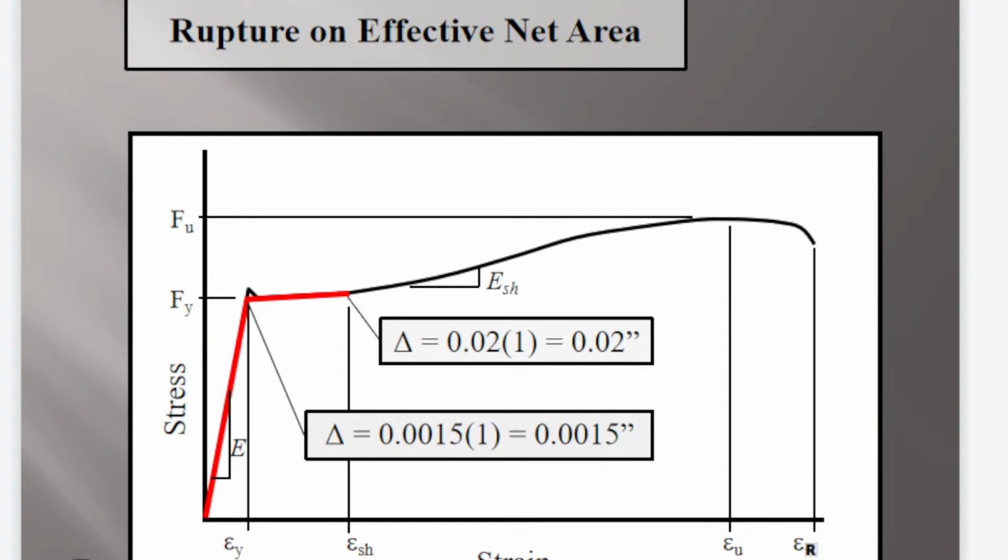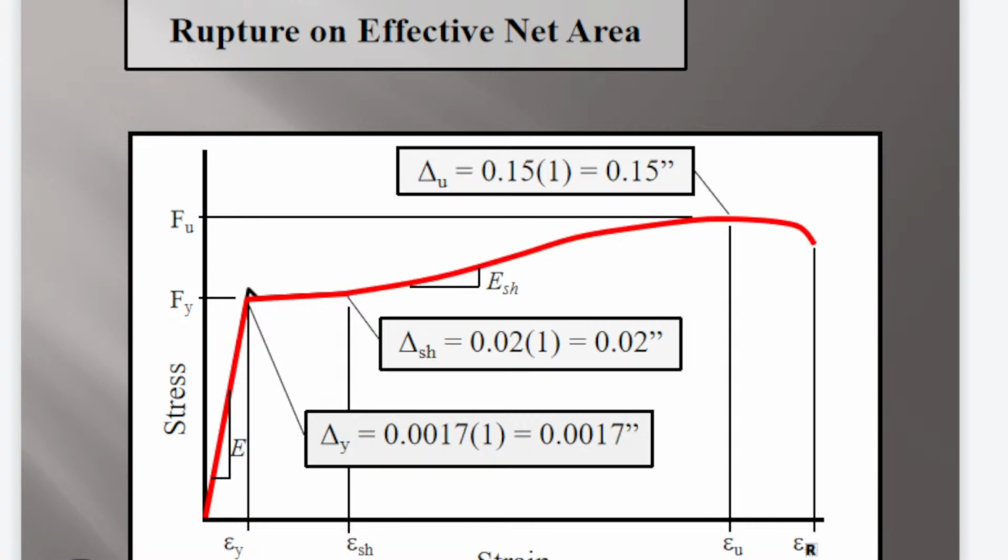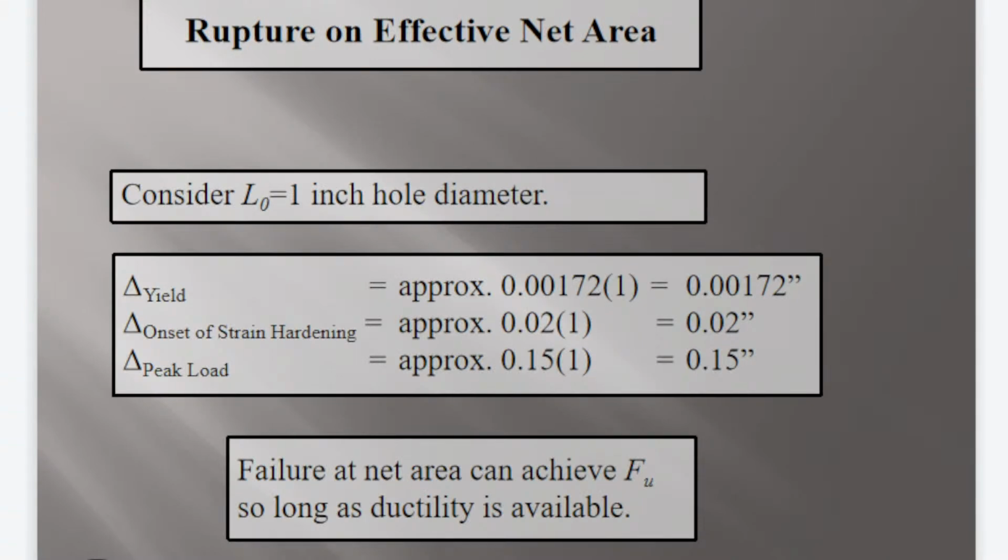But on the strain hardening, the onset of strain hardening, 0.02 becomes larger. What about the ultimate? 0.15 inches, and then we have 0.25 at the rupture. So this is the summary.